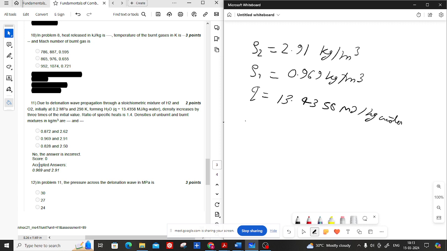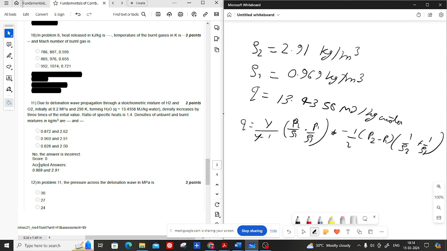It is gamma upon gamma minus 1 into the bracket P2 by rho 2 minus P1 by rho 1, minus 1 half into the bracket P2 minus P1, and into the bracket 1 upon rho 1 plus rho 2.